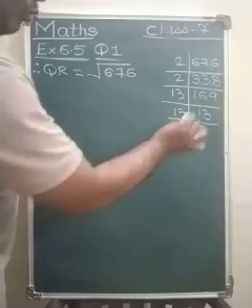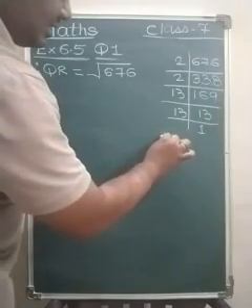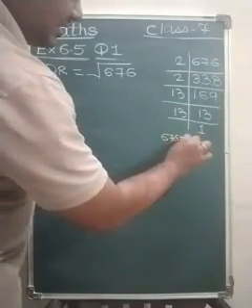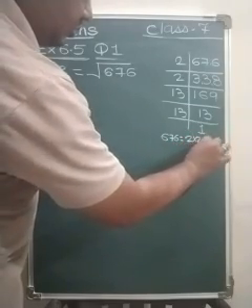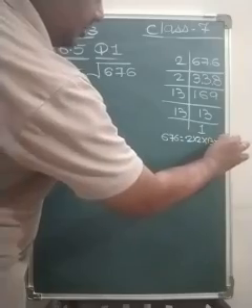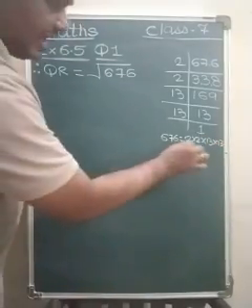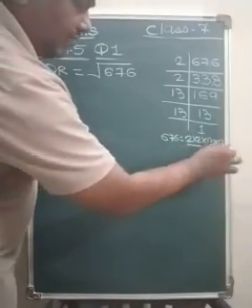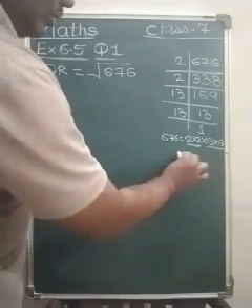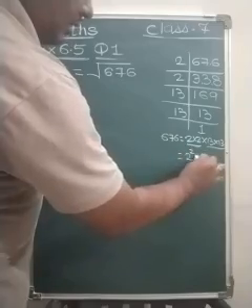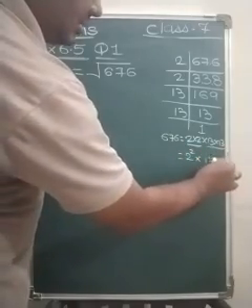So what are the factors of 676? 676 equals 2 into 2 into 13 into 13. That means we have a pair of 2 and a pair of 13. 2 into 2 means 2 square, multiplied by 13 into 13 means 13 square.